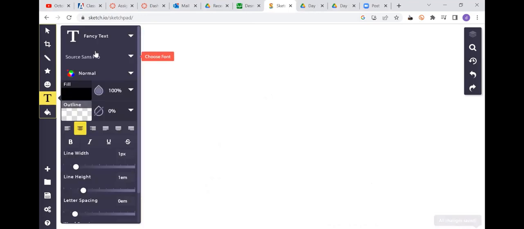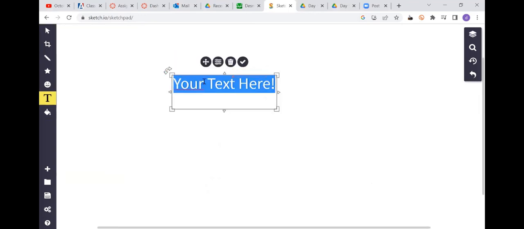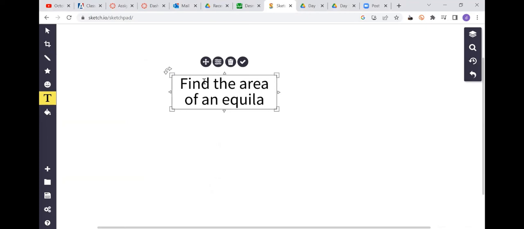So here we go. Why don't you guys jot this down? Maybe I can just type this in. Find the area of an equilateral triangle whose perimeter is, let's say, 48 feet.